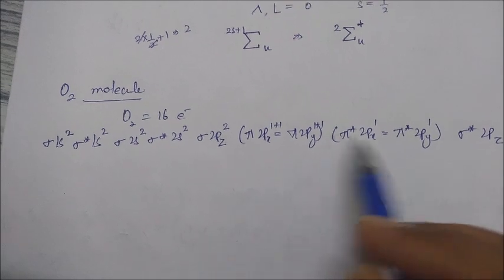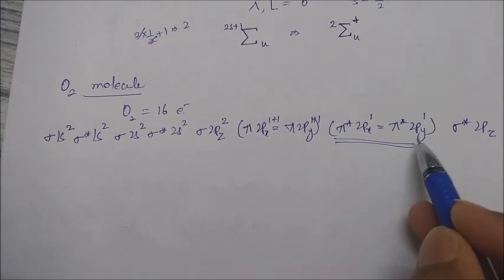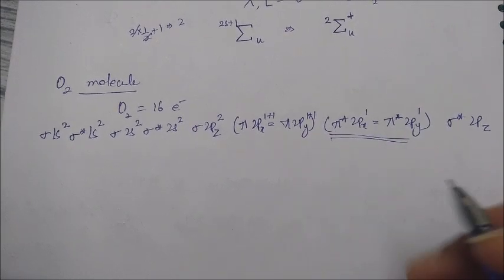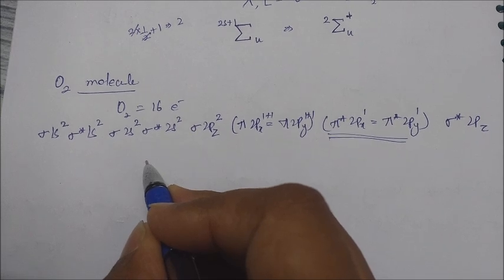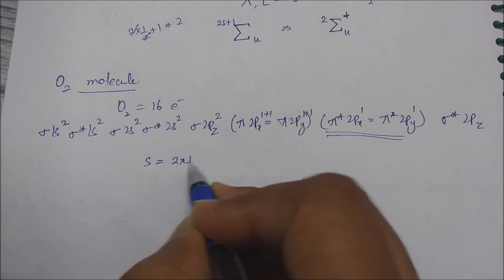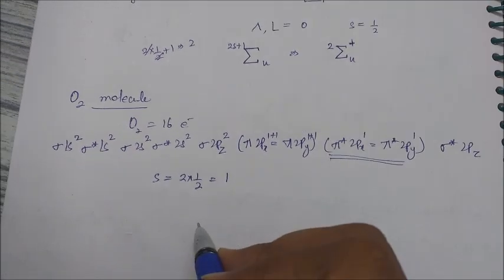This is the electronic configuration. The last electrons are filled in the valence shell, so we have to assign the term symbol according to this only. The first thing is the spin multiplicity: we have 2 unpaired electrons, so 2 into 1/2 gives you 1. So the value of S is 1.